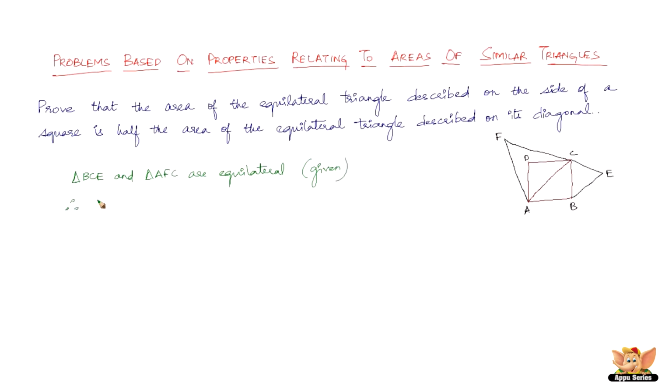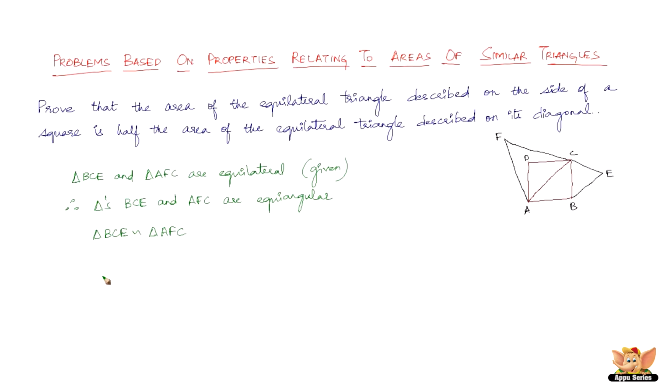Therefore, triangles BCE and AFC are equiangular. If you recall, two triangles that are equiangular are similar to each other. So therefore, we've got triangle BCE similar to triangle AFC.